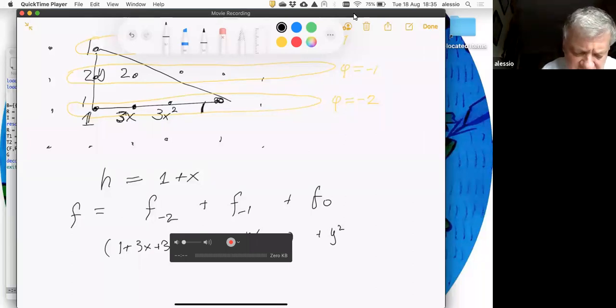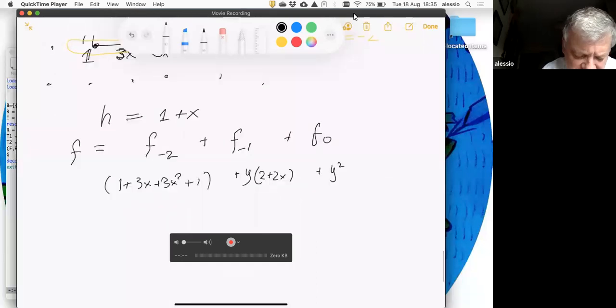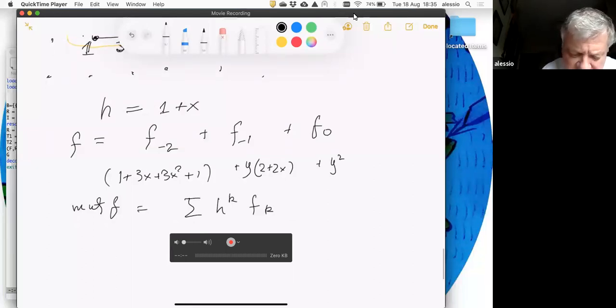And then the mutation of f is, by definition, the sum of h to the k times f_k. So, for example, I have to start from f_{-2} and divide by (1 plus x) squared. So f_{-2} divided by (1 plus x) squared, plus f_{-1} divided by (1 plus x), plus f_0.